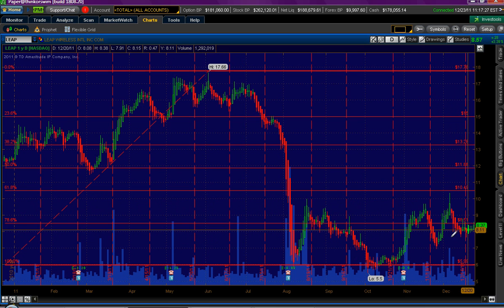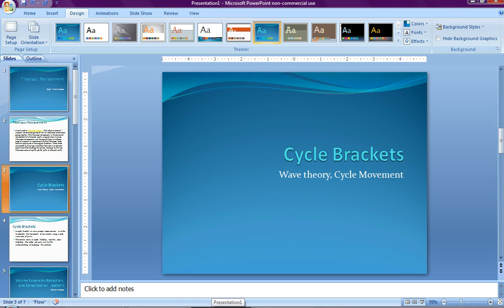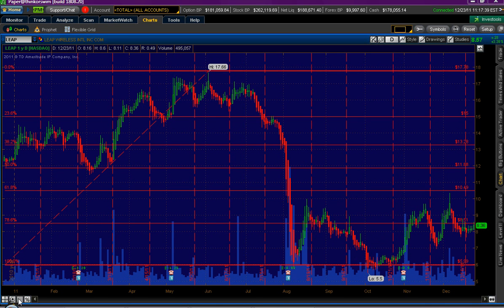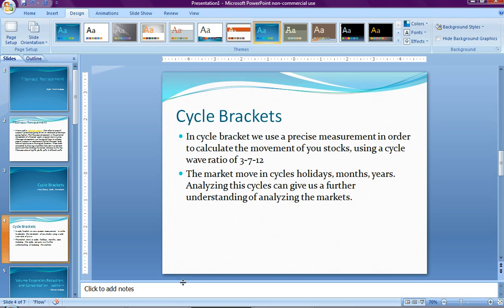Now, the second tool that I'm going to talk about is something called the psychopractice, which in essence is wave theory and cycle movement. What are psychobrackets? Psychobrackets are precise measurements of how the stock market follows cycles.